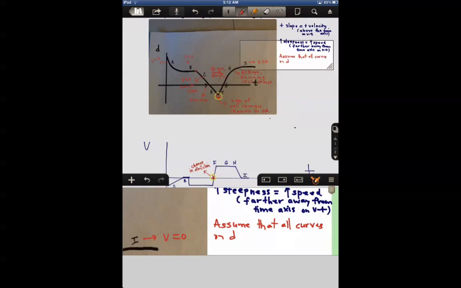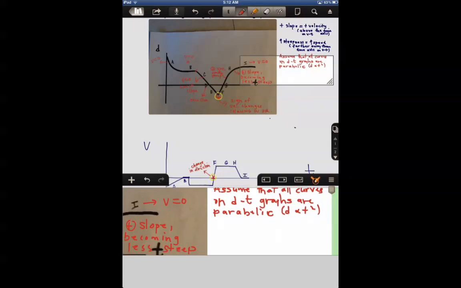This is not true in the real world, but it's true in our class right now. So all curves on dt graphs are parabolic. What this means is that d is proportional to t squared.